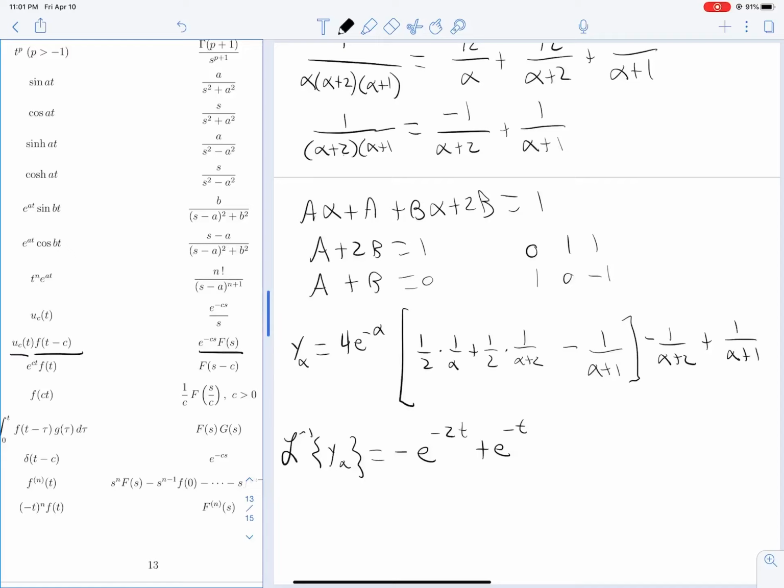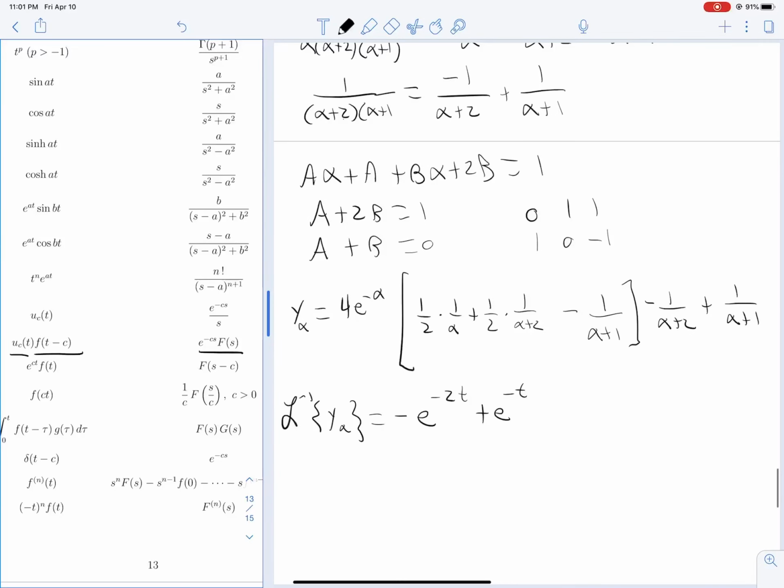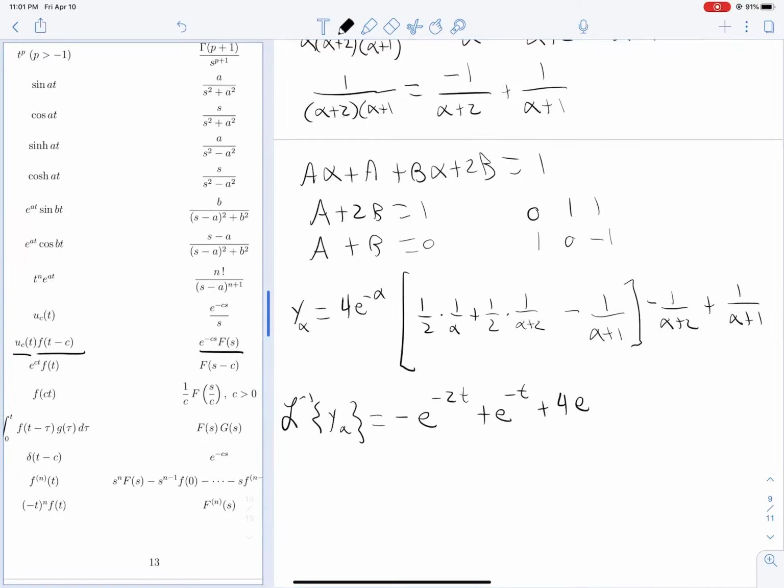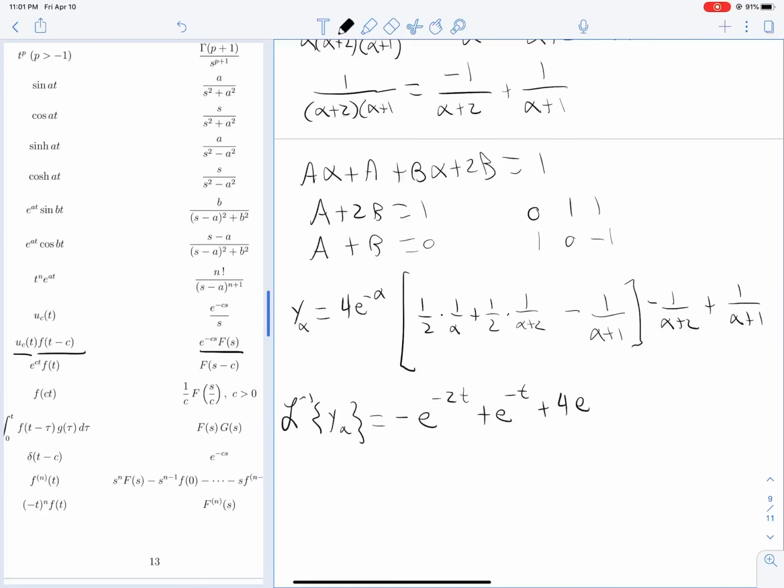In our case, c is equal to negative 1. So we can write this as plus 4e to the, sorry, c is not negative 1, c is positive 1, because we have negative terms in both of these. Negative 4 u1 of t, and then a big quantity in here, and we're just going to do the normal inverse Laplace transforms on these three components here, but at the end we're going to replace t with t minus 1.